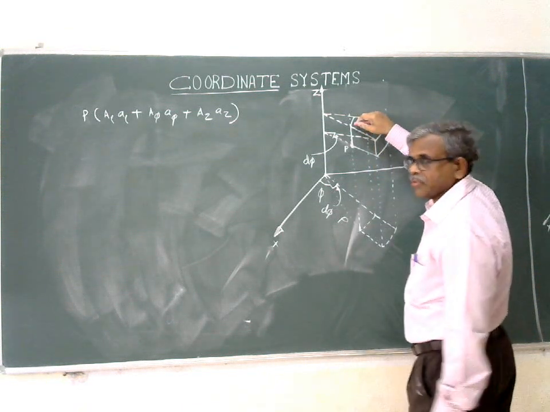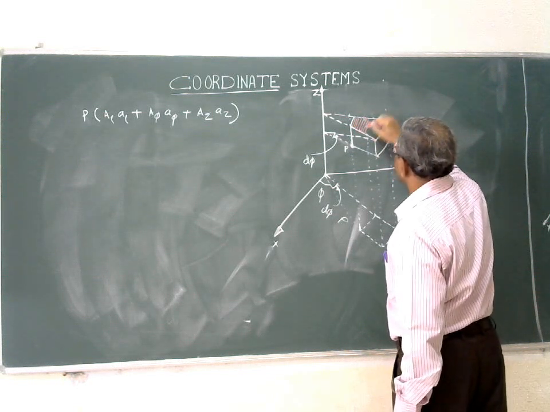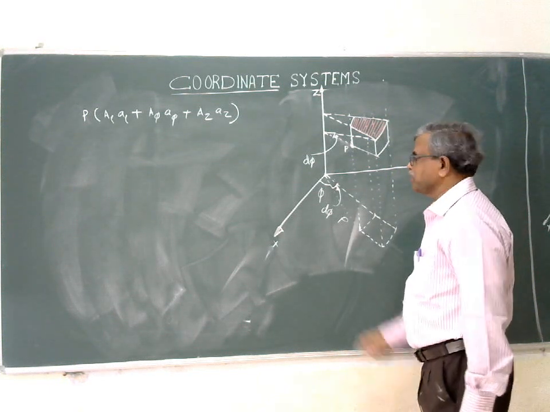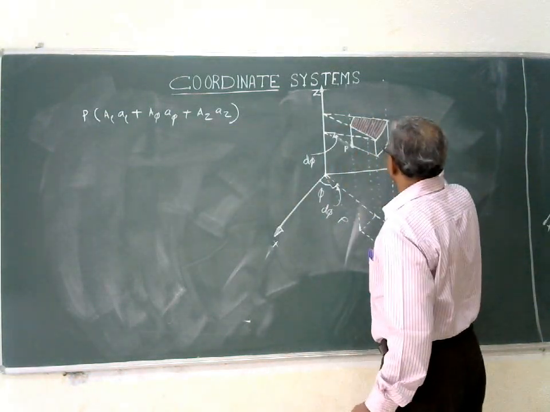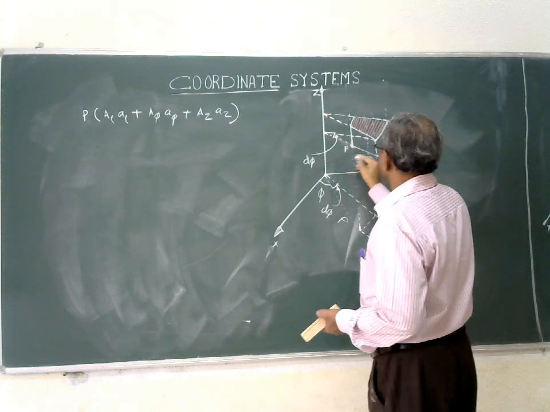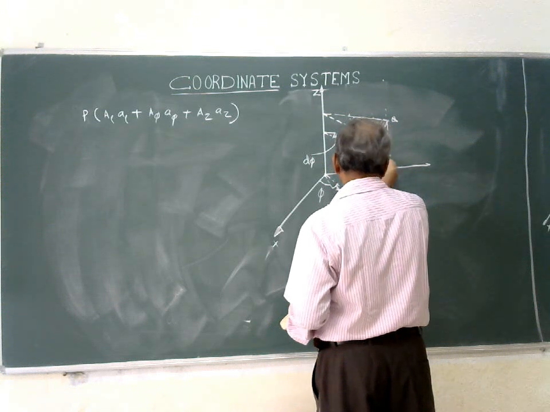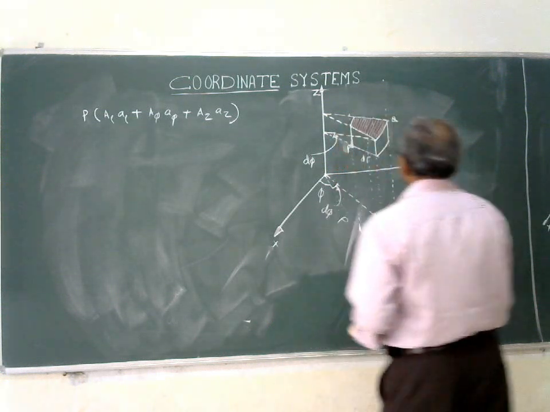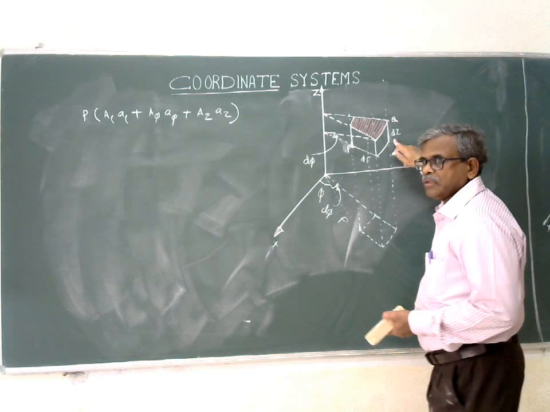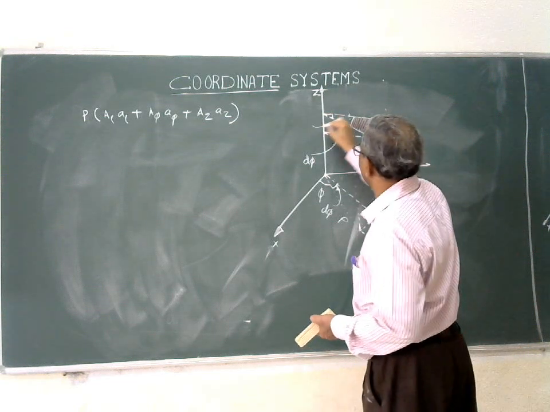This is one surface you are getting. After incrementing each coordinate, you are getting a point Q. This is point Q and this is P. This is d rho and this is dz, the incremental distance along the z axis, and this is d phi and this is also d phi.